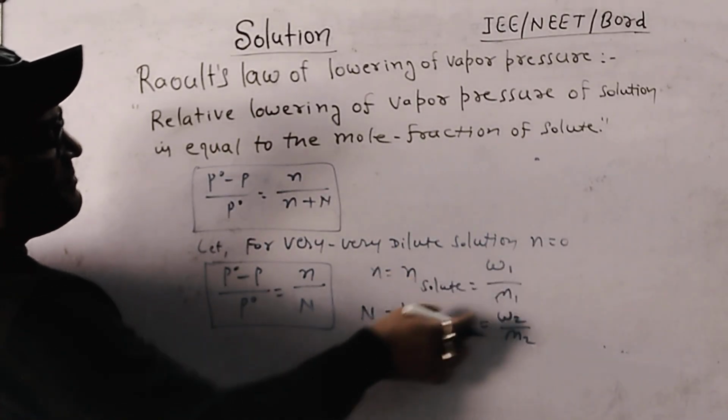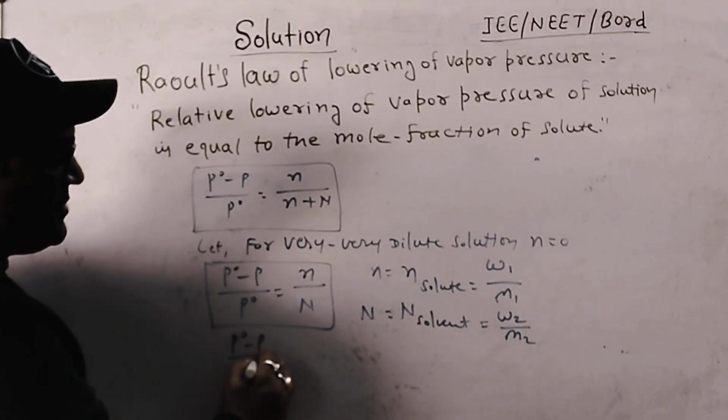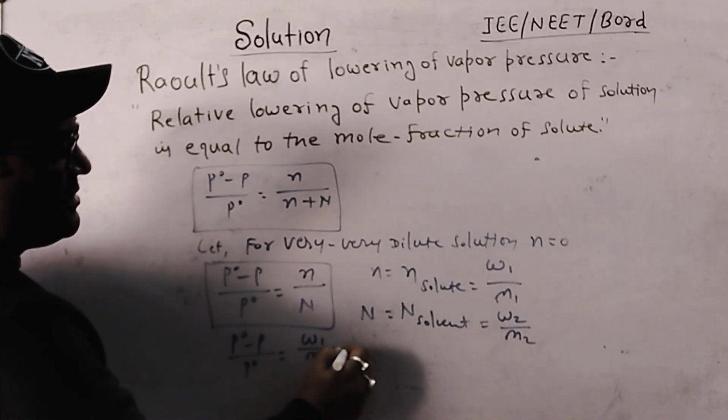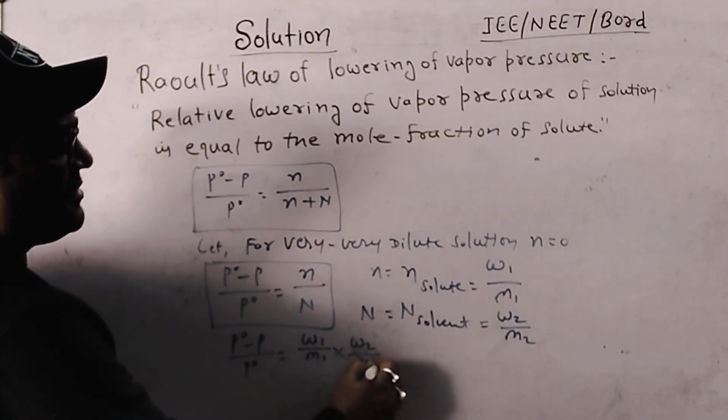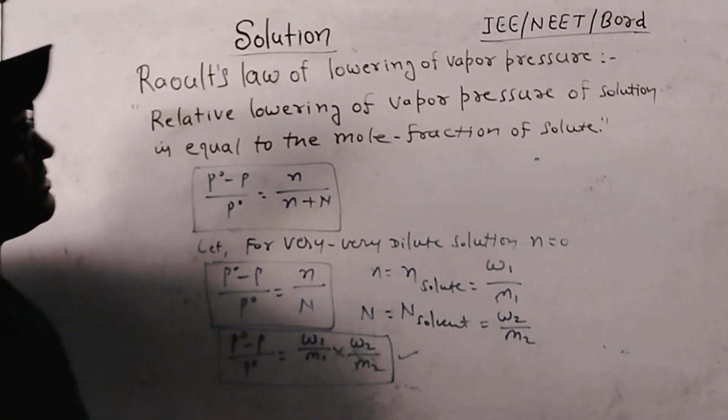After putting these in, the formula becomes P naught minus P by P naught is equal to W1 by M1 into M2 by W2. Now you can take a screenshot.